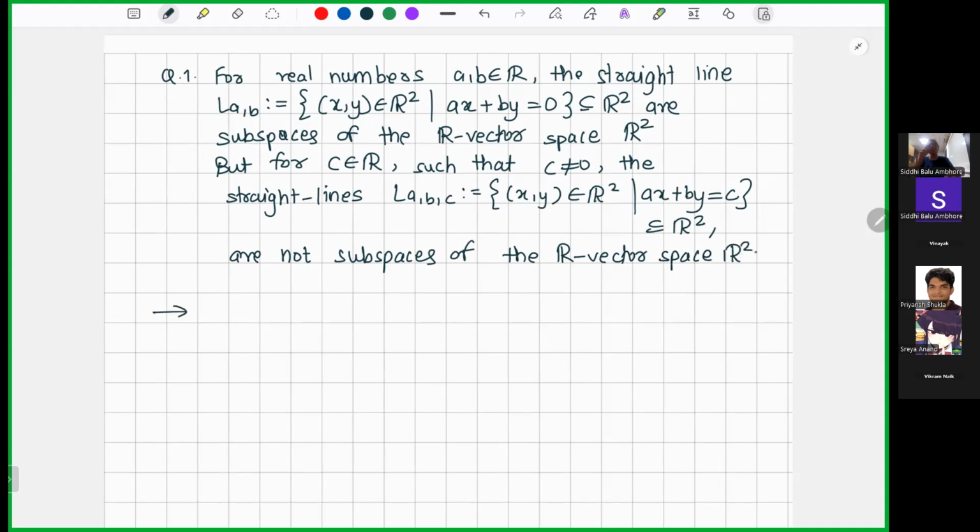So last time we saw what a vector space is.